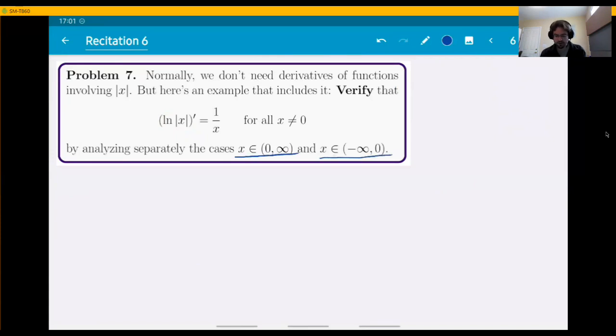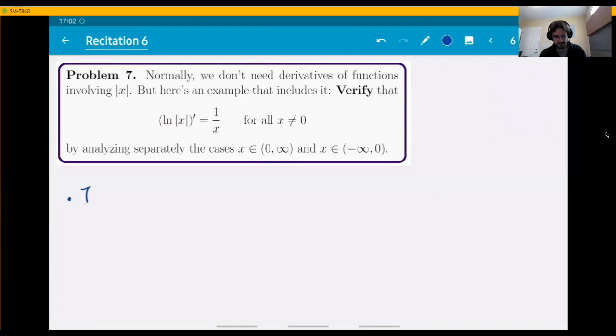This is usually how you do this. When you're taking a derivative of a function that's defined piecewise in two separate pieces, like absolute value is in these two pieces, you want to analyze it separately in each piece.